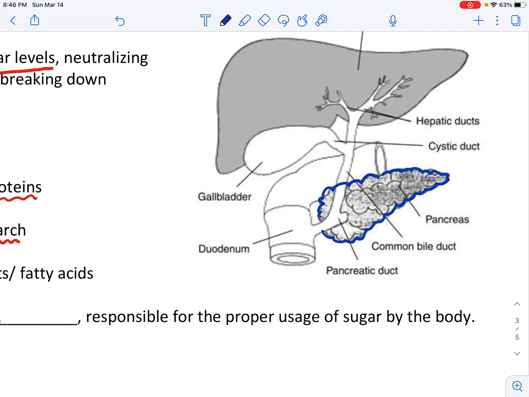And how the anatomy would be, the stomach would be kind of coming off over here.